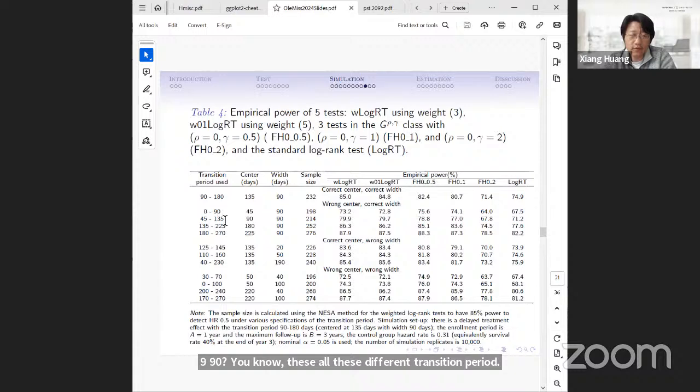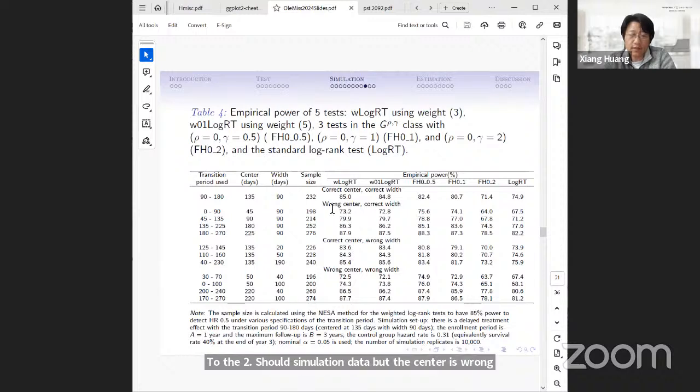You can see for all these transition periods, they have the same width, but the center is different. And we'll apply these methods given the transition period is from 90 to 180. That means the width is correct relative to the true simulation data, but the center is wrong.